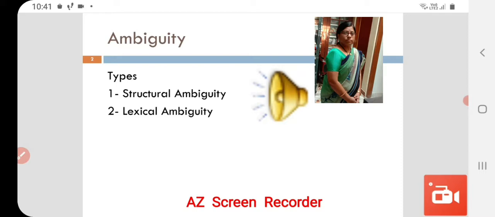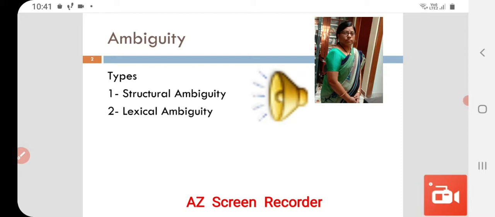Lexical is related to the meaning of a word. When a word, say for example, bank, B-A-N-K, has two meanings.